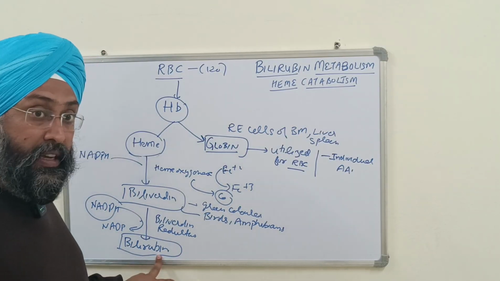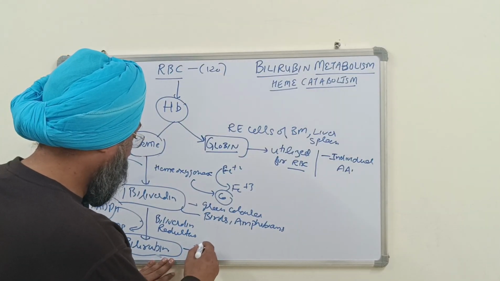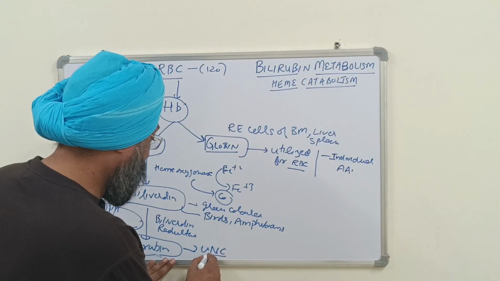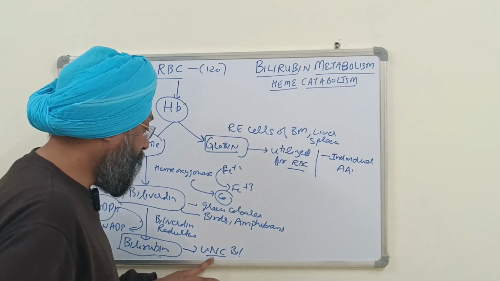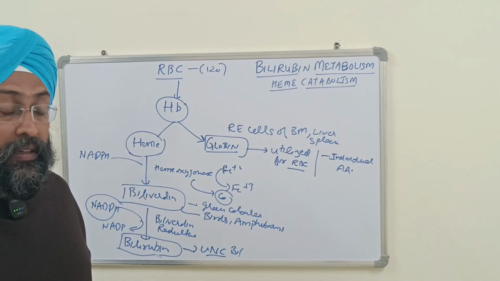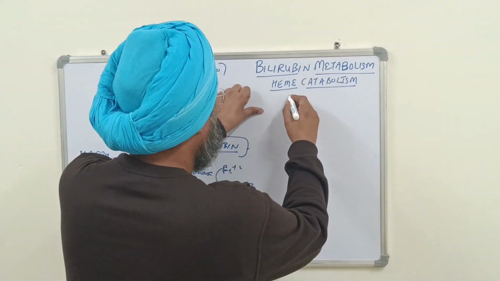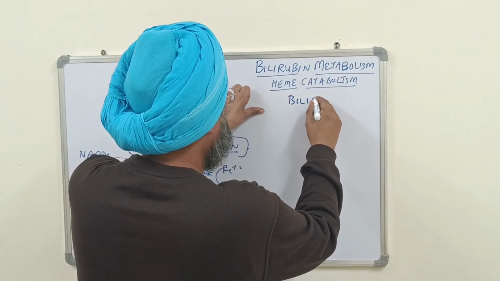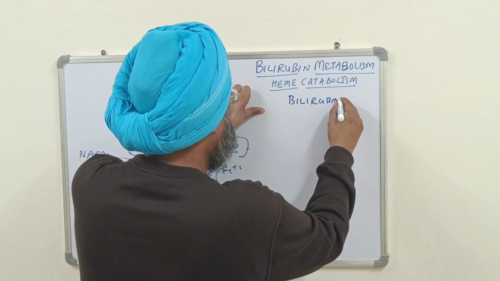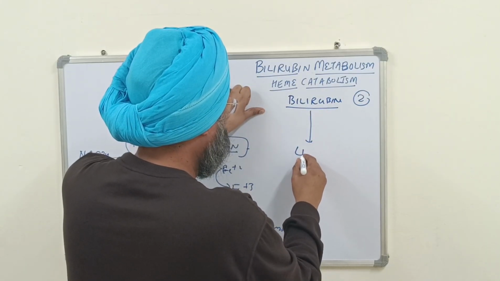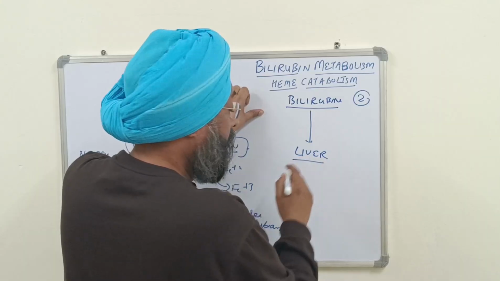The bilirubin formed here is unconjugated bilirubin, and this bilirubin is not water soluble. This bilirubin formed during the second step is transported to the liver.